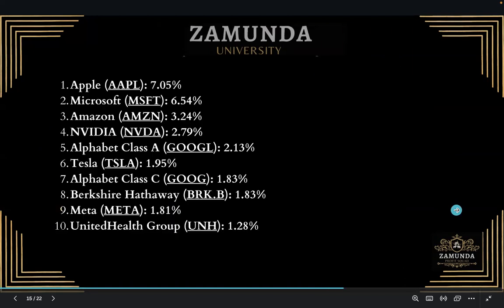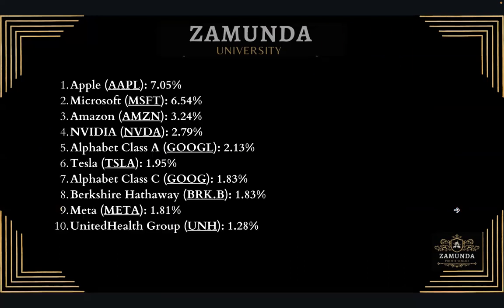Okay. And here are the top 10 weighted stocks in the S&P. The most heavily weighted stock in the entire S&P is Apple. Next is Microsoft, Amazon, Nvidia, Google, Tesla, the other Google, Berkshire Hathaway, Meta, and UNH.